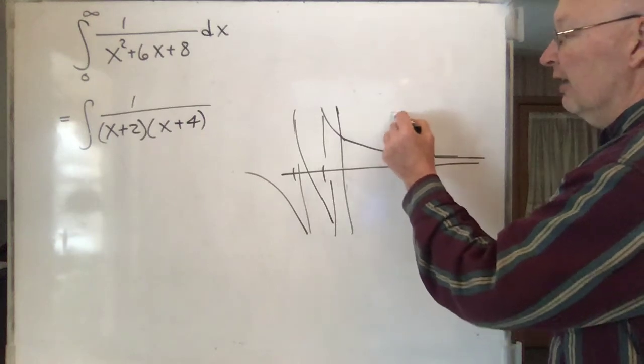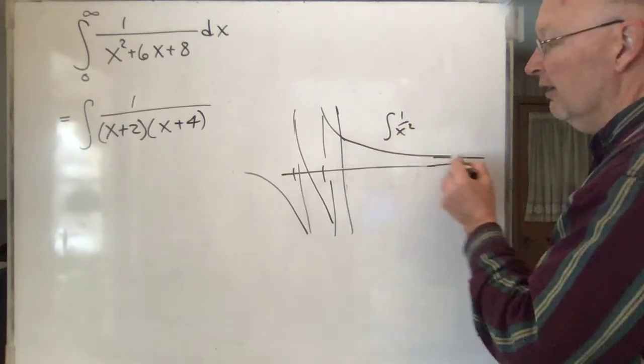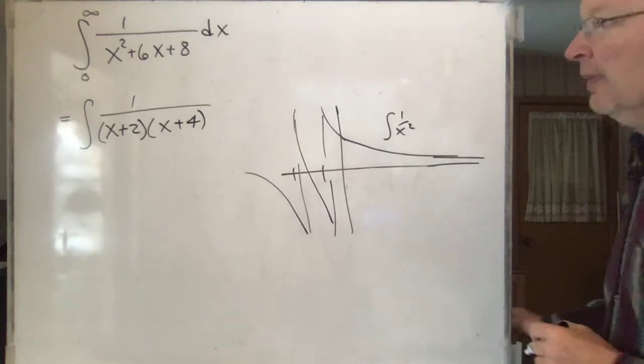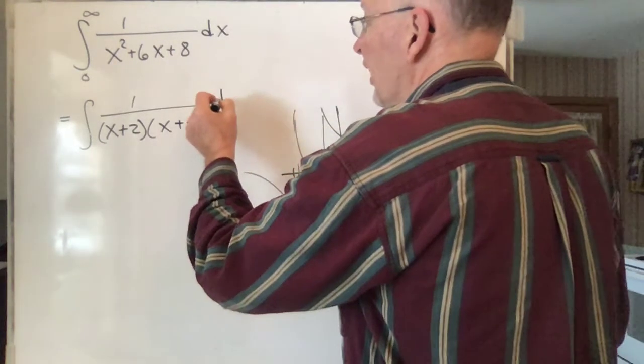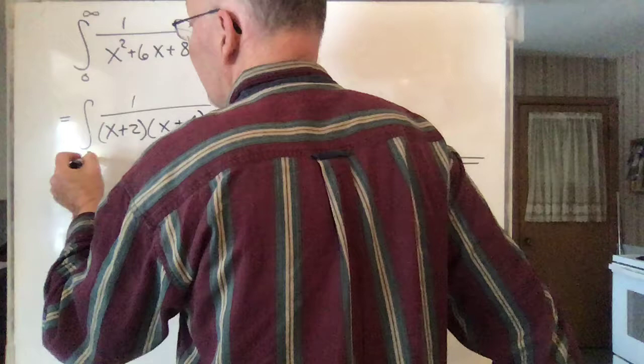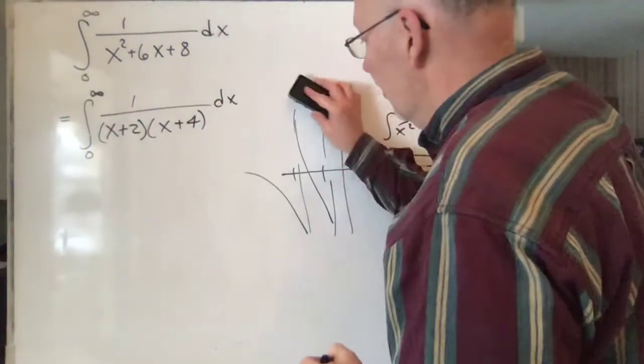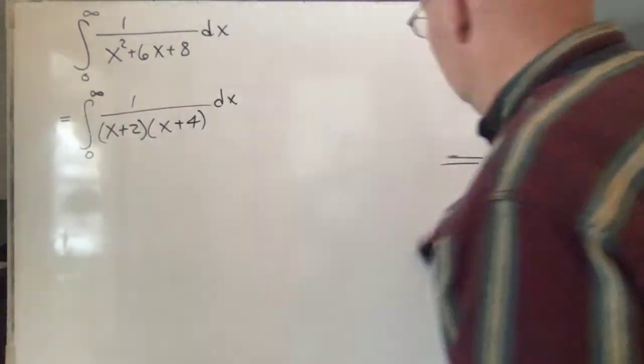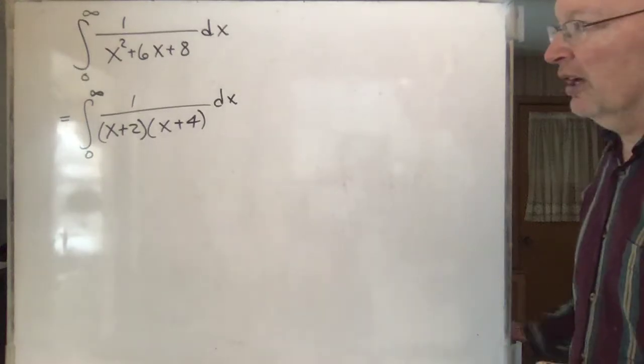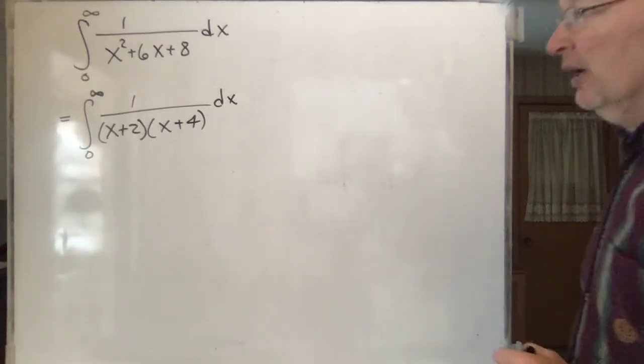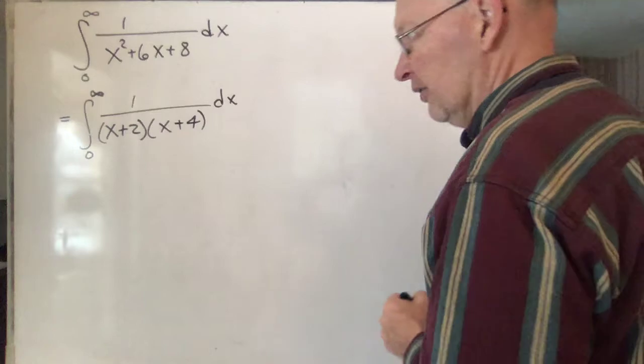And we know that the area underneath this thing is finite, so the area underneath this thing is going to be finite. Okay, anyway, I brought this one out because it reminds you of how you solve a problem like this. Here you're going to need to use partial fractions again, right? Let's go ahead and do it. Good practice in partial fractions.